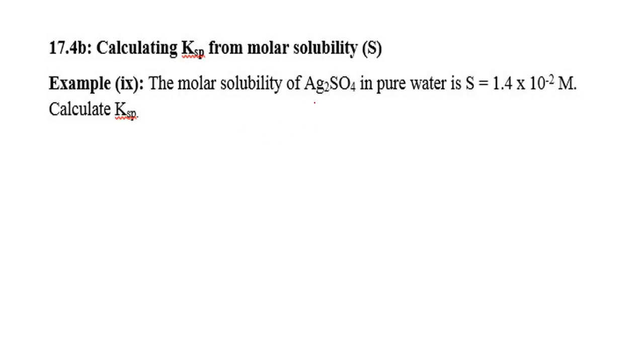So in this case, we are given the molar solubility of silver sulfate. So we are calculating KSP when given the molar solubility. So we don't know the KSP now. So the question is saying the molar solubility of silver sulfate in pure water is S equal to 1.4 times 10 to the power negative 2 molar.